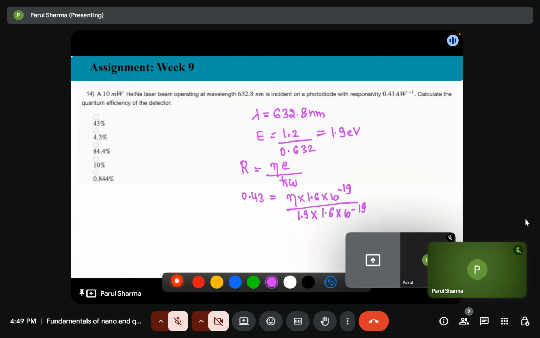And then eta is equal to, we already did this same numerical in the lecture also, and it will give you 84.4%. So 84.4% is the correct answer.